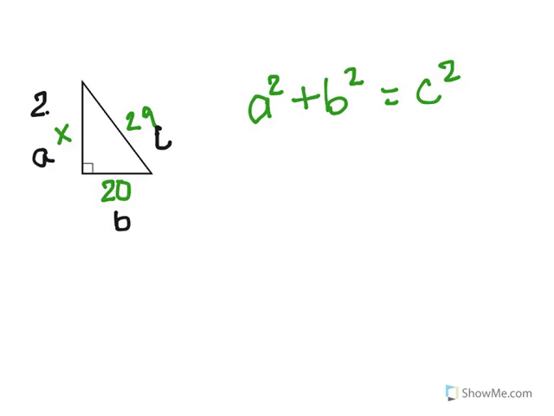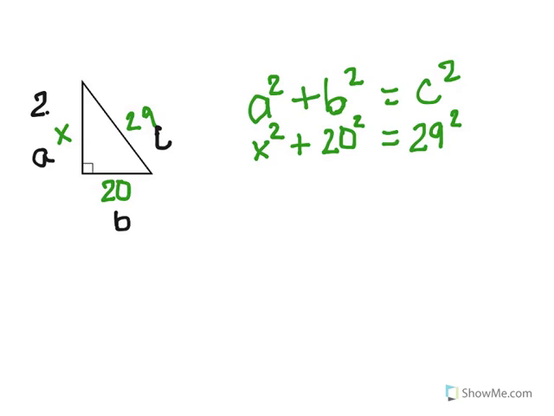Then substitute those values. a is x squared plus b is 20 squared equals c is 29 squared. Don't forget those squareds. x squared plus 20 squared equals 29 squared.